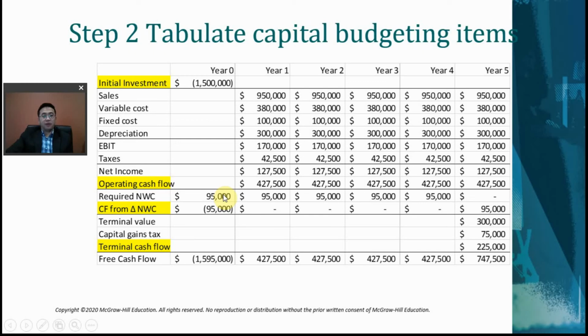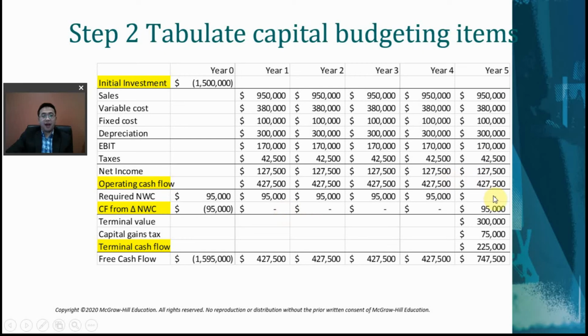In order to increase the inventory from 0 to 95,000, you will need to spend $95,000 cash on it. So that's your spending at year 0. But for year 1, year 2, year 3, and year 4, your inventory is maintained at the same level, so there's no change, so you don't need to spend cash or receive cash for it.